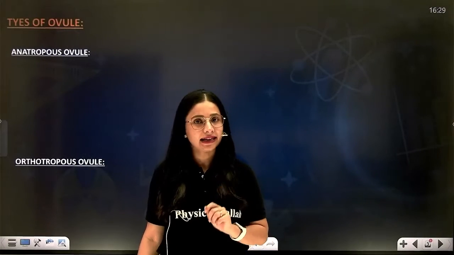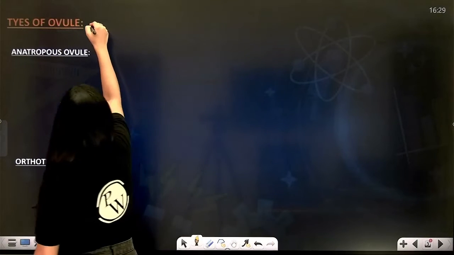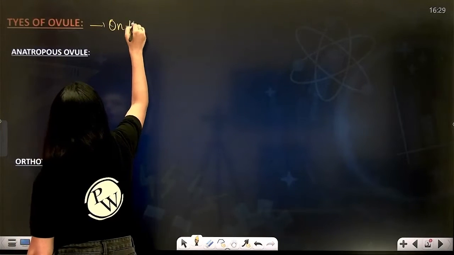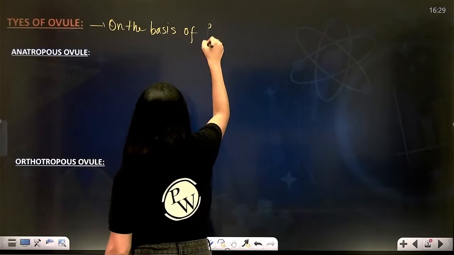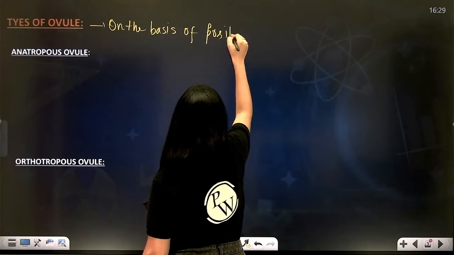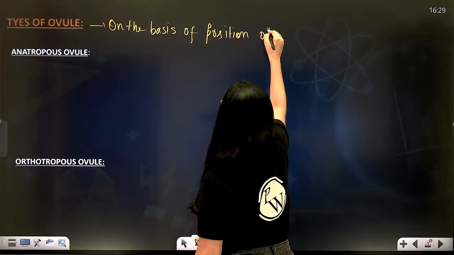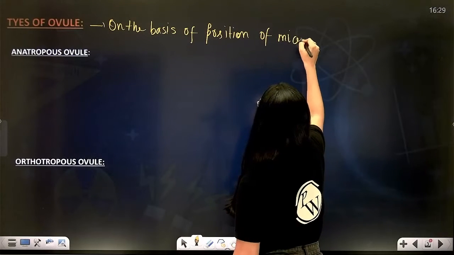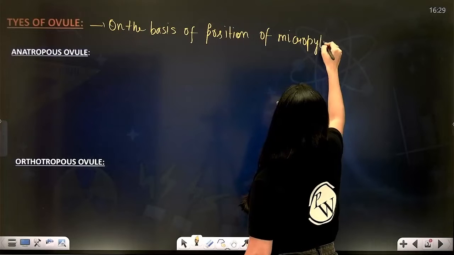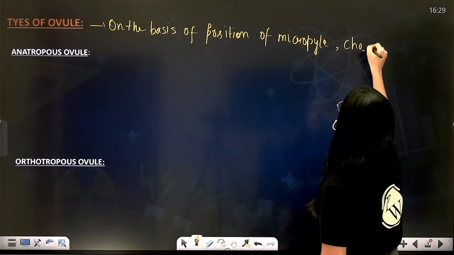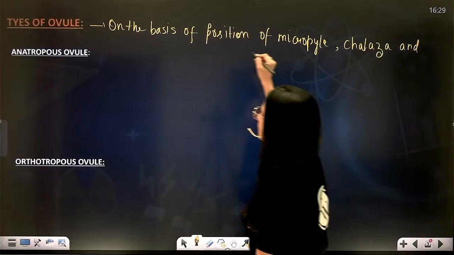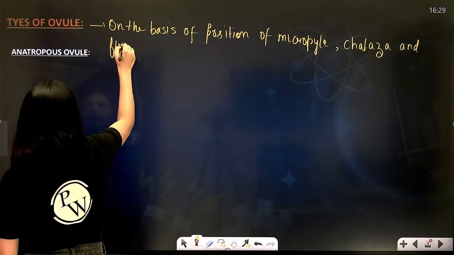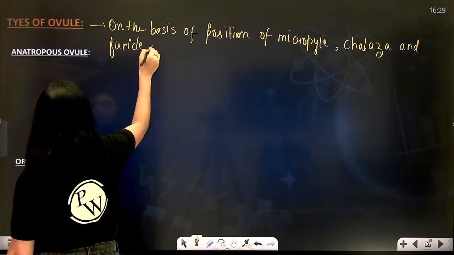Please stay connected. So first, on the basis of the position of micropyle, chalaza and funicle, there are 6 types of ovule.